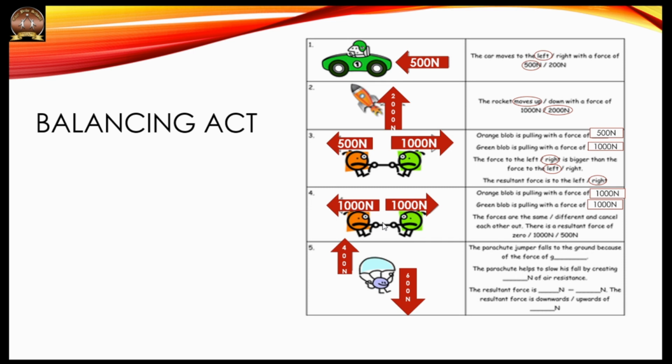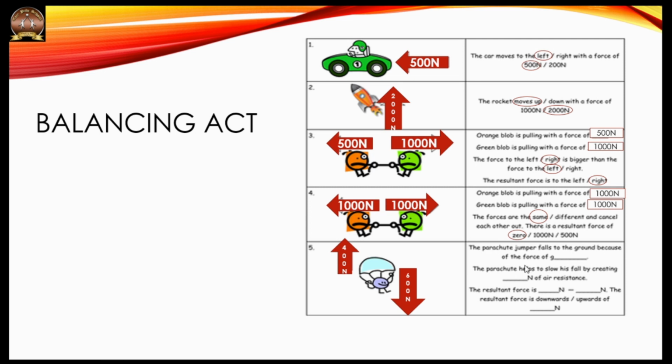Therefore, the forces are the same and cancel out each other. There is a resultant force of 1000 minus 1000, 0. And therefore, neither would move, but they are keeping on exerting the force in equal and opposite directions.